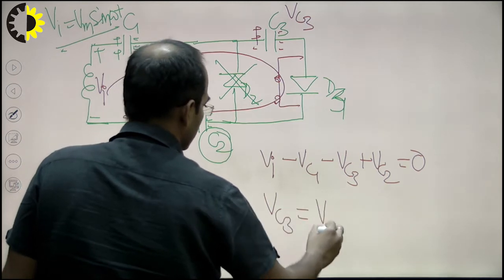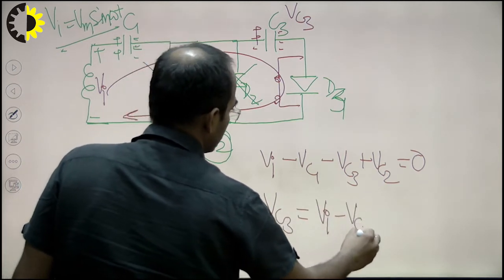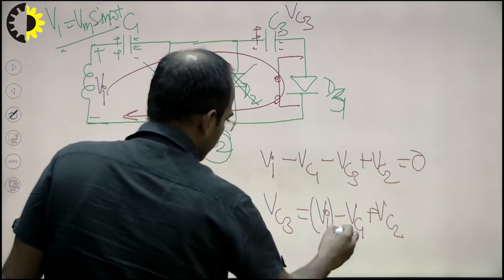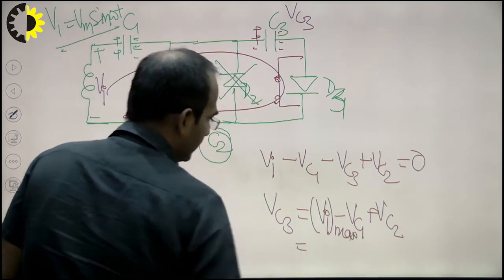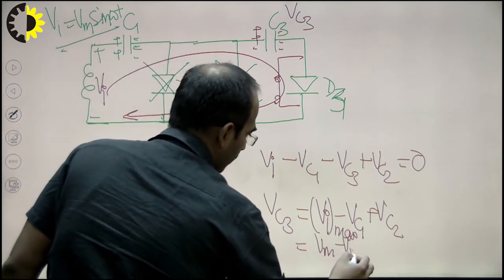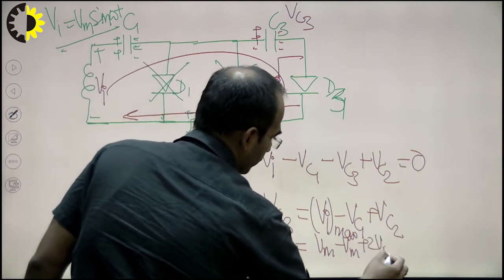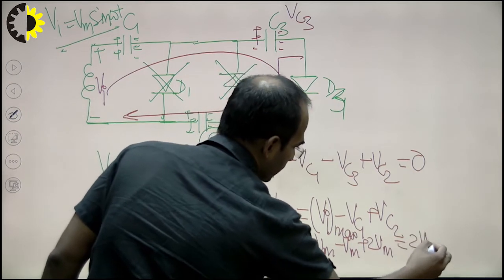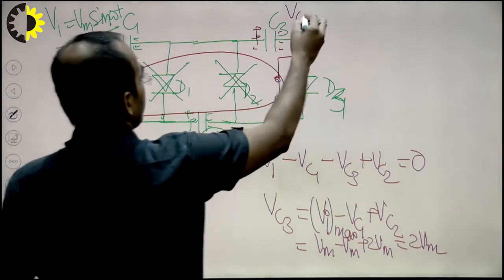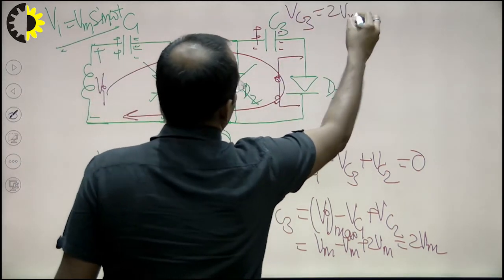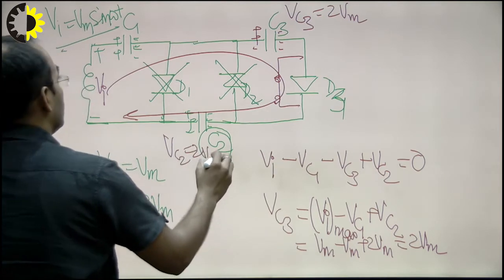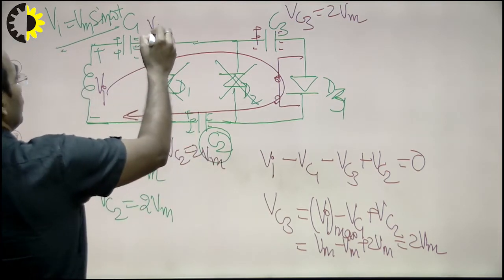Vc3 is nothing but Vi minus Vc1 plus Vc2. Vi is nothing but Vi maximum, which is Vm minus Vm plus twice of Vm. That will be twice of Vm. So, Vc3 will be equal to twice of Vm, Vc2 is equal to twice of Vm.